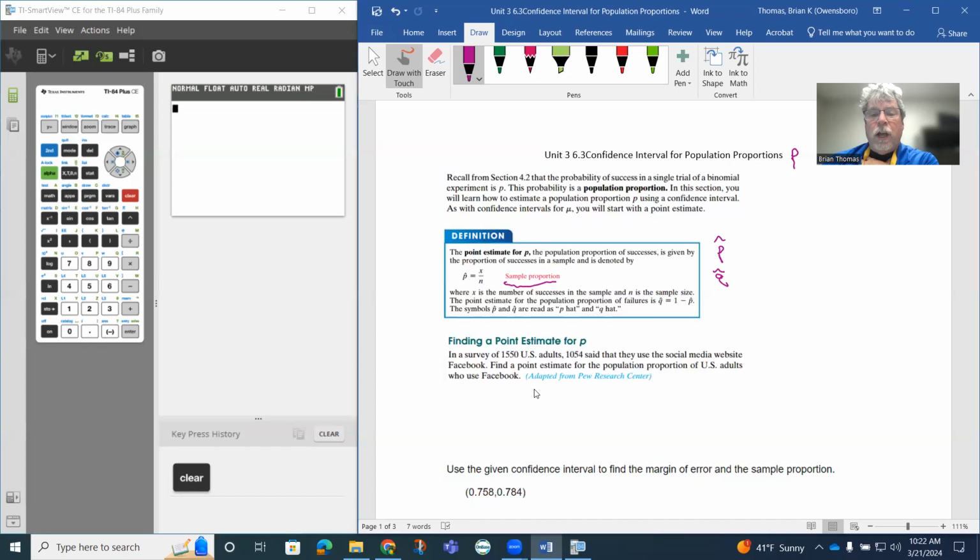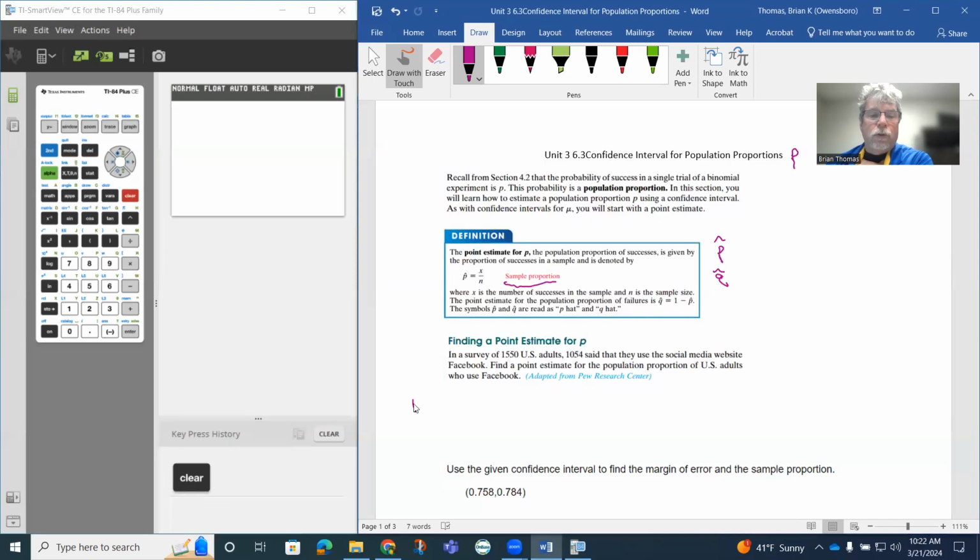Just by looking at the data, this seems fairly reasonable because I think most people do use Facebook. So this sample size sounds like it does represent the population. But notice how it is a sample. It does not represent the whole population. So this would be considered a sample.